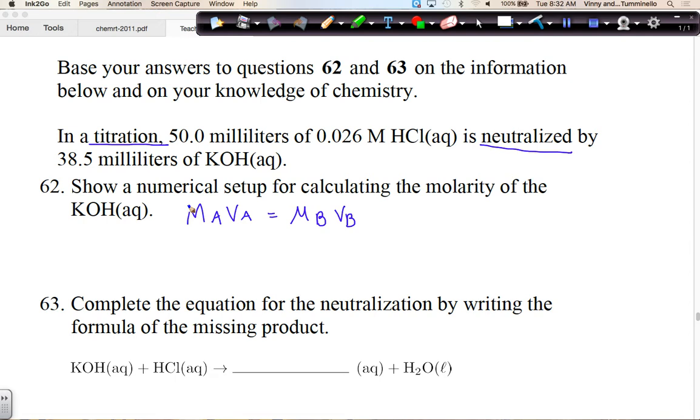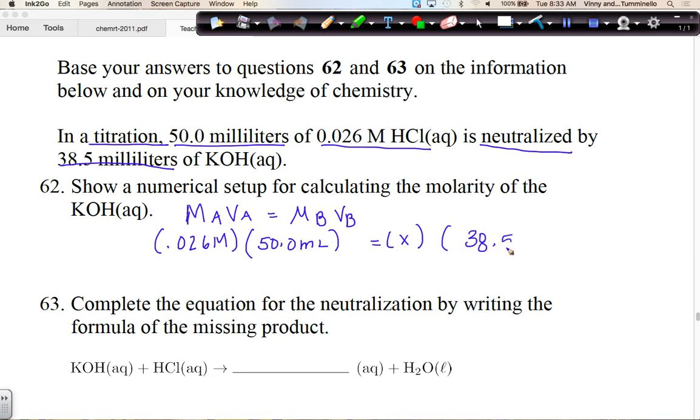And if we're using this formula, the acid is HCl, so the molarity of the acid is 0.026 molar. The volume of the acid is 50 milliliters. We have the volume of the base, but we don't have the molarity of the base. Now it says numerical setup, so all we have to do is write the math. We do not need to solve.